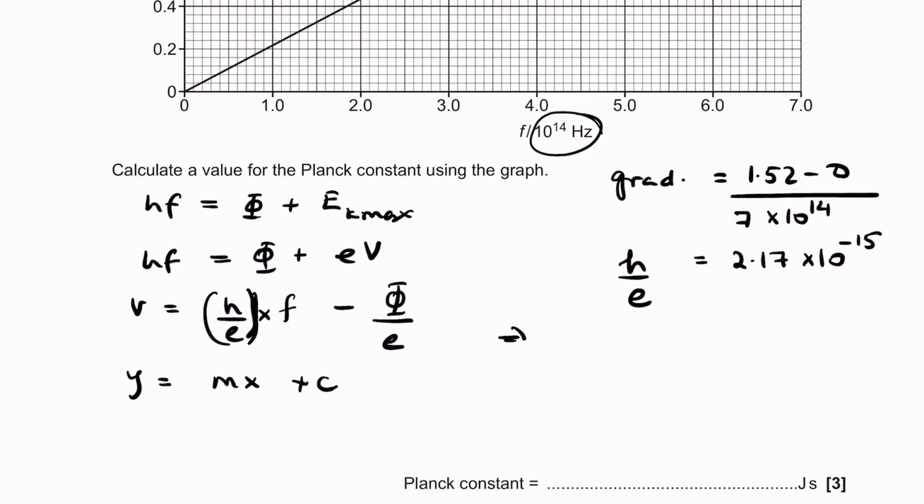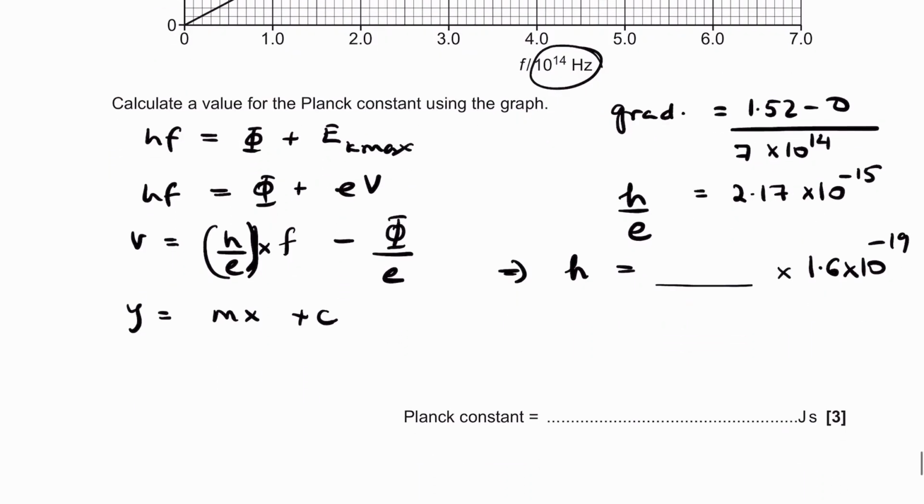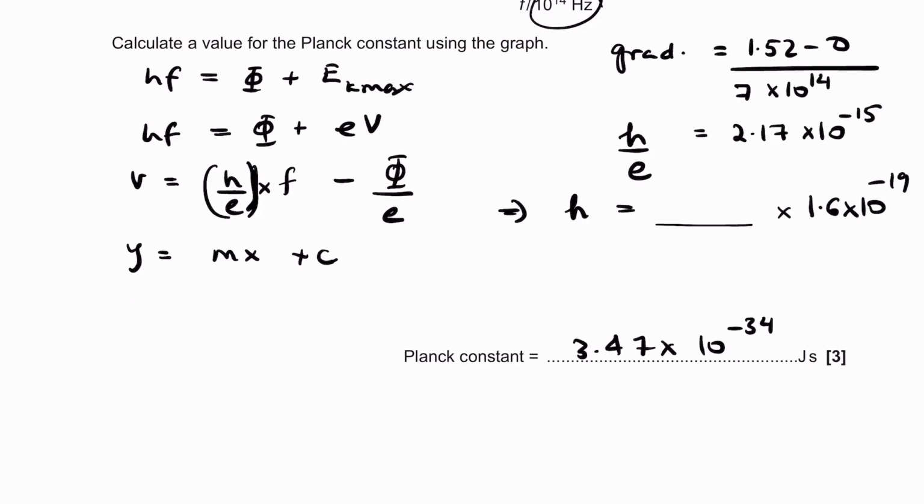This means that h is the gradient times the value of e, which is the charge on the electron. That ends up giving me 3.47 times 10 to the minus 34 joule seconds. It is within the same power. It's definitely off, but that's just experimental error.